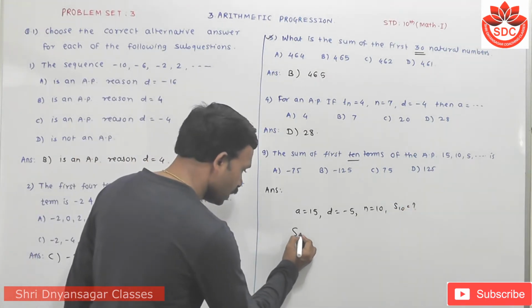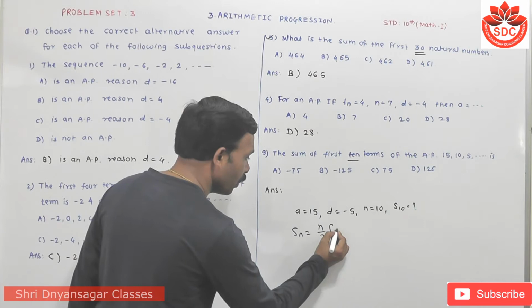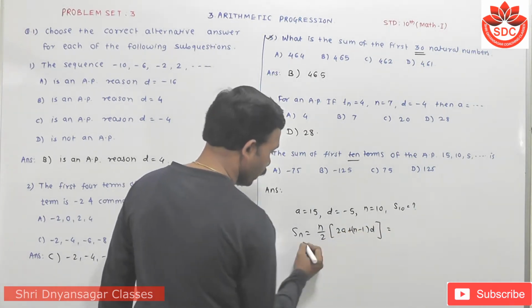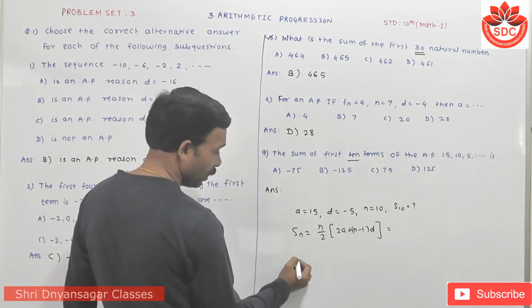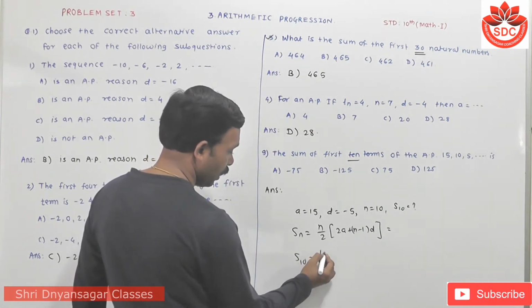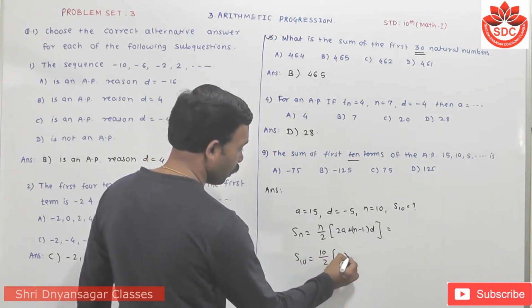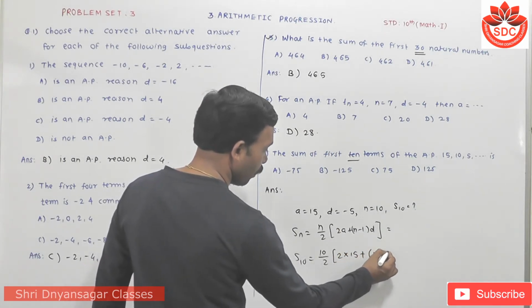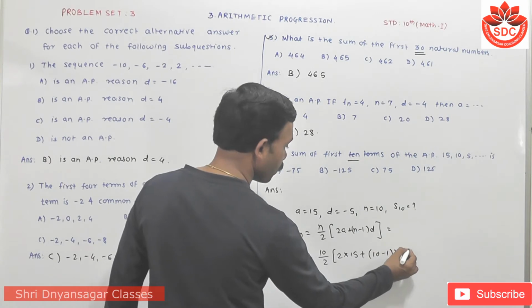The formula is Sn is equal to N upon 2 in brackets, 2A plus (N minus 1) into D. When we substitute here, S10 is equal to 10 upon 2 in brackets, 2 into A, which is 15, plus N, which is 10, minus 1 into D, which is minus 5.